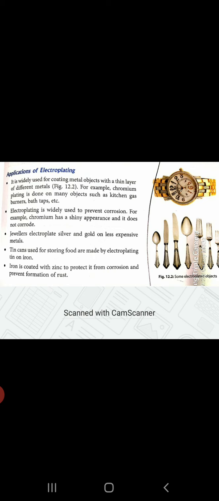Tin cans used for storing food are made by electroplating tin on iron. Then we also know iron is coated with zinc to protect it from corrosion. What is that process called as? That process is called as galvanization. So galvanization is kind of electroplating that is being done to prevent the formation of rust on iron.